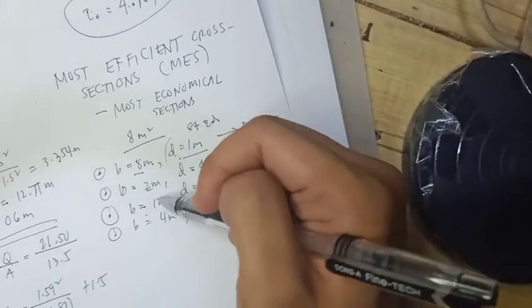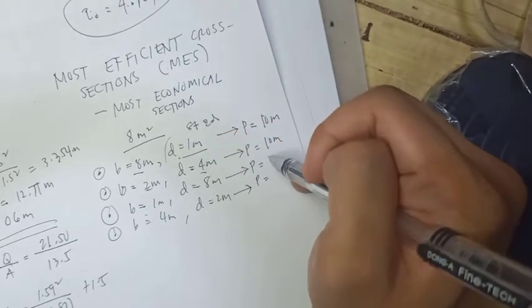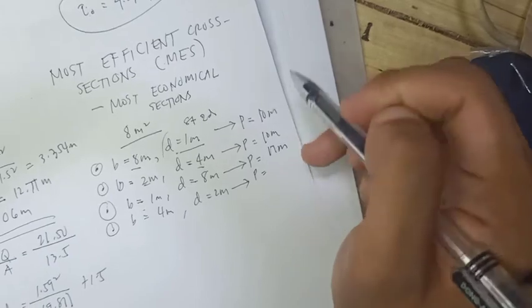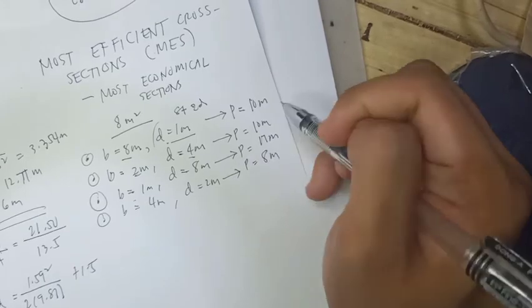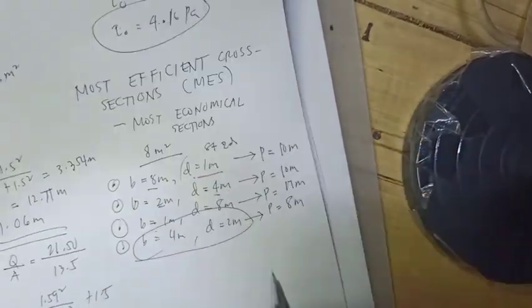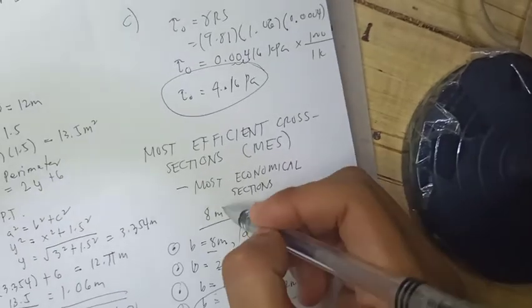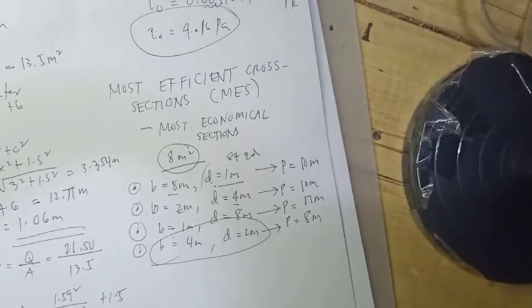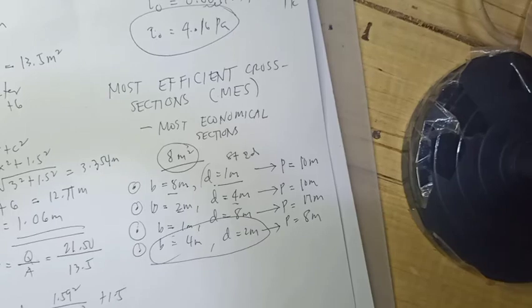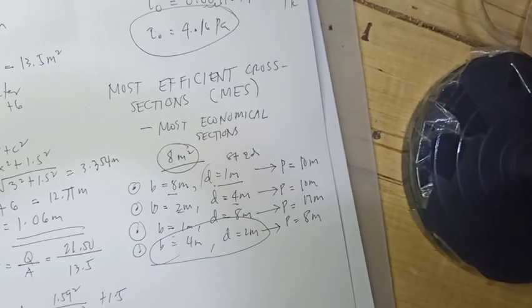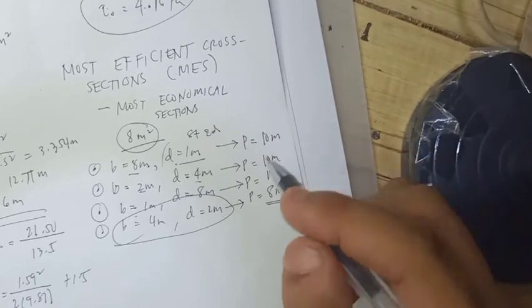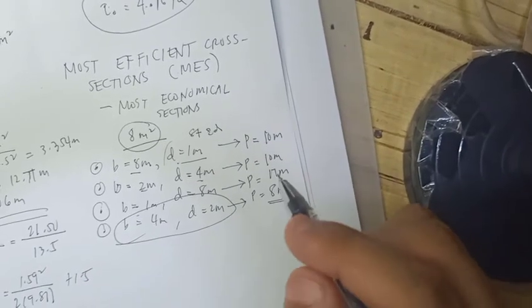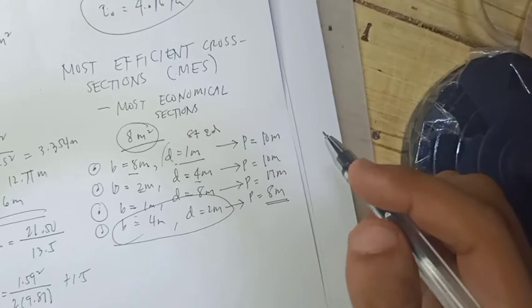Next, 1 plus 2 times 8 is 16 plus 1, so 17 meters. Lastly, 4 plus 2 times 2 is 8 meters. As you can see, this is the most economical section with 8 square meters. Of these dimensions, the size 4 meters by 2 meters has the least wetted perimeter, so hence it is the most efficient or most economical section.